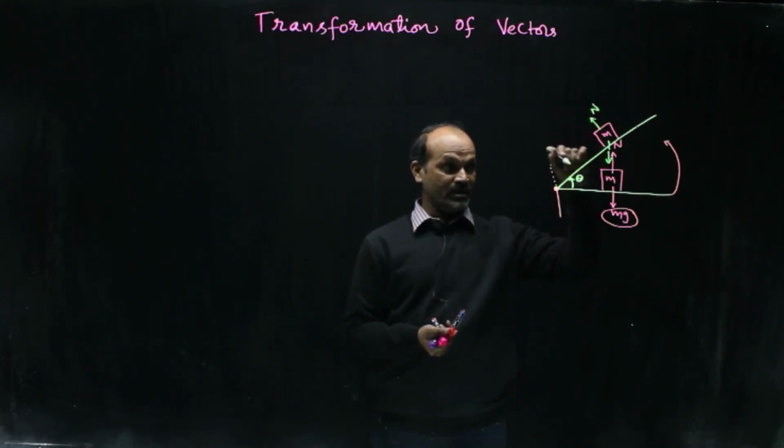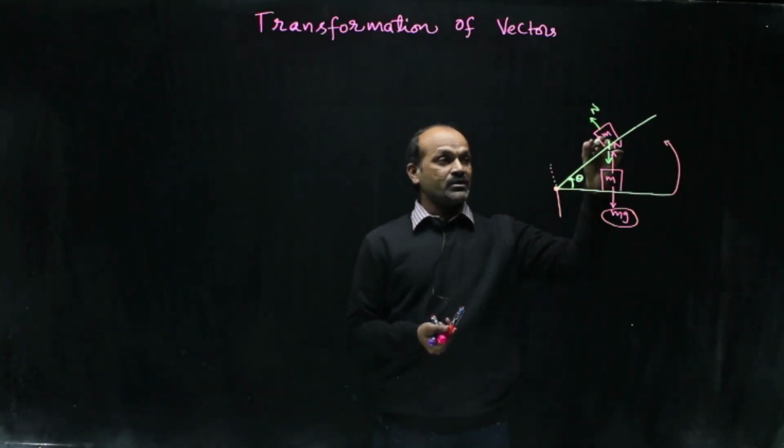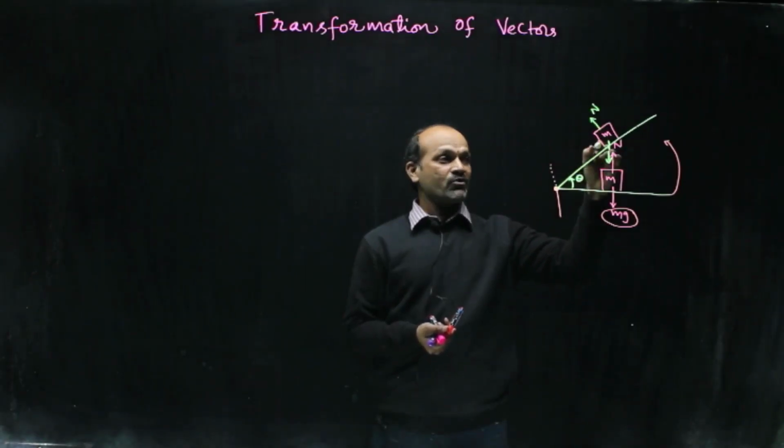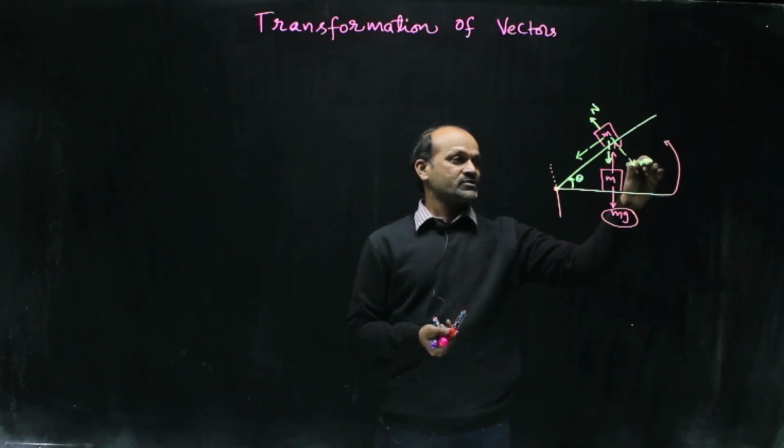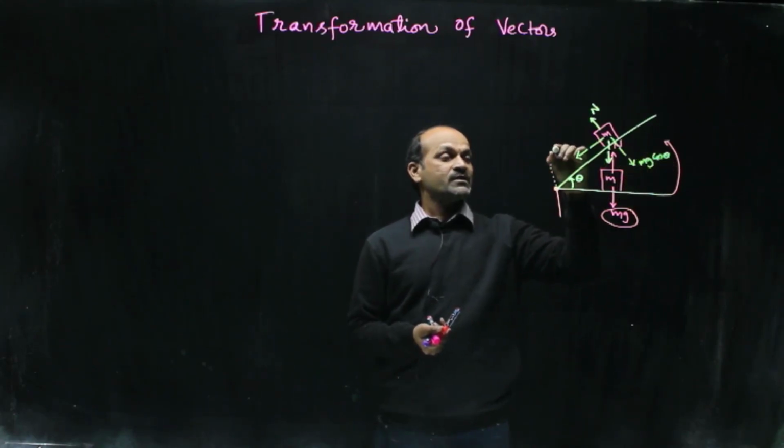But the component of the weight acts on the body along two directions, one along this direction, one in this direction. So, this is mg cos theta, and this is mg sin theta.